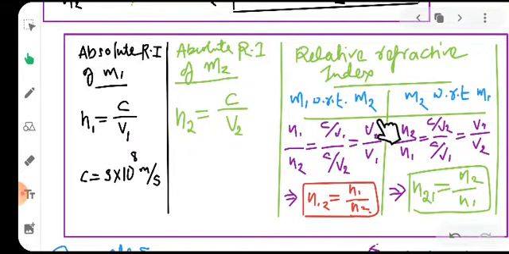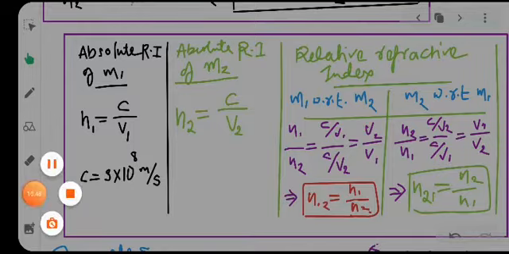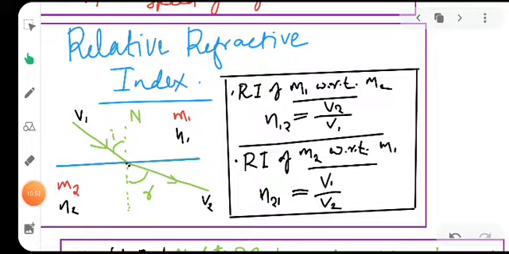These are all simple mathematical conundrums. What was v2 over v1? v2 over v1, as per our previous definition, was n12.